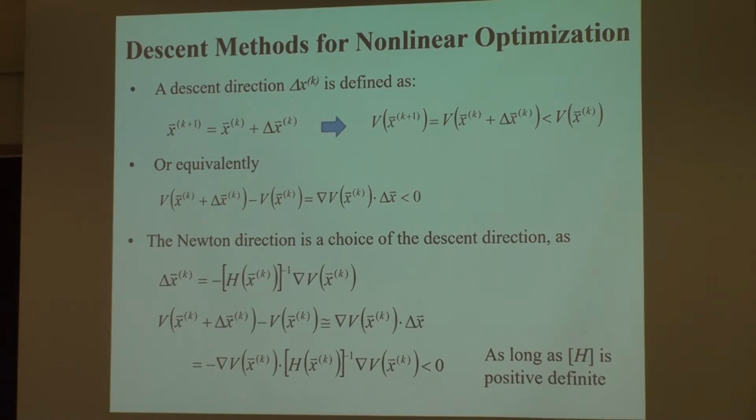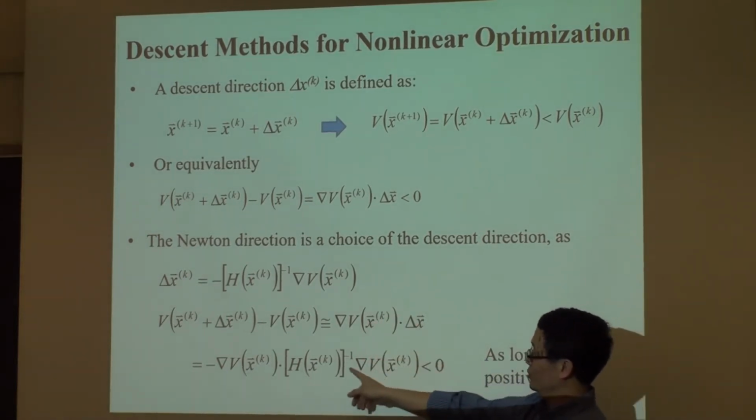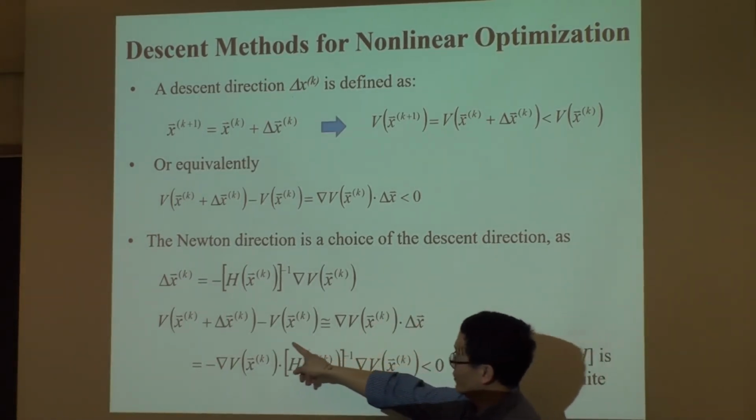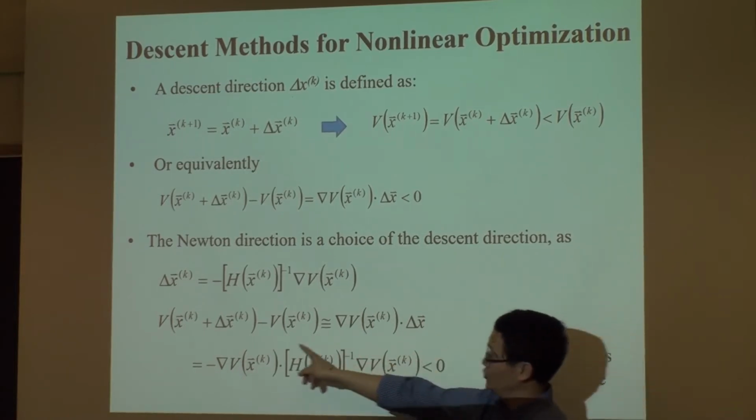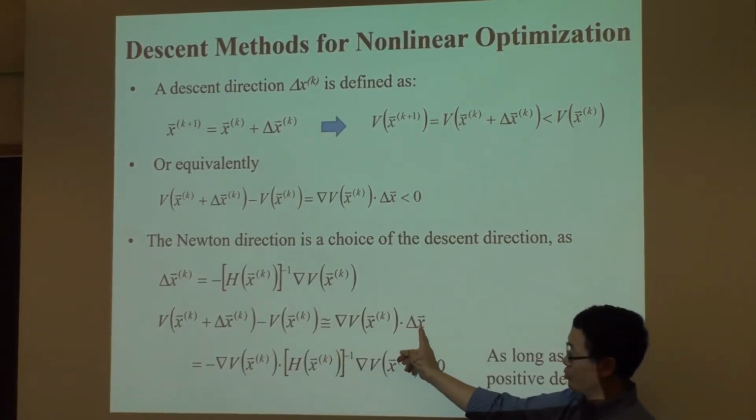descent direction. If I'm going for the minimum, what does that mean? Your gradient points along the search direction such that it will make your objective smaller. It's nothing but this equation, right? When you have expanded it this way, the next solution minus this is approximately this.